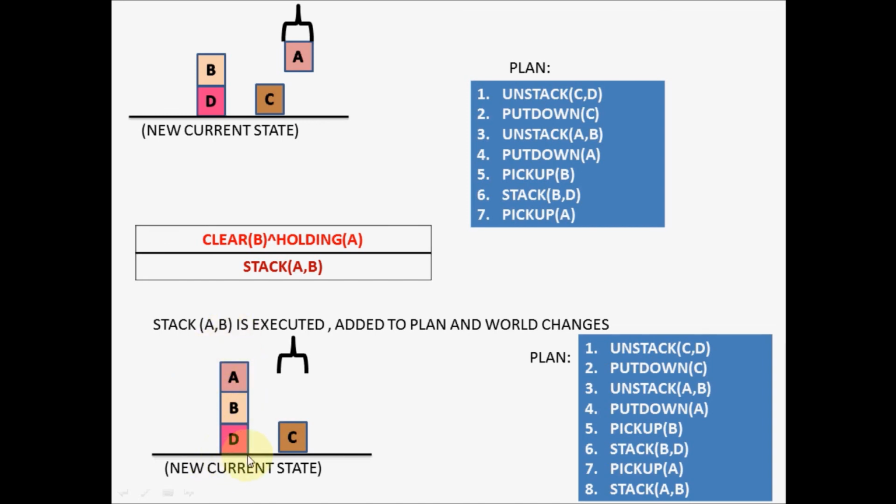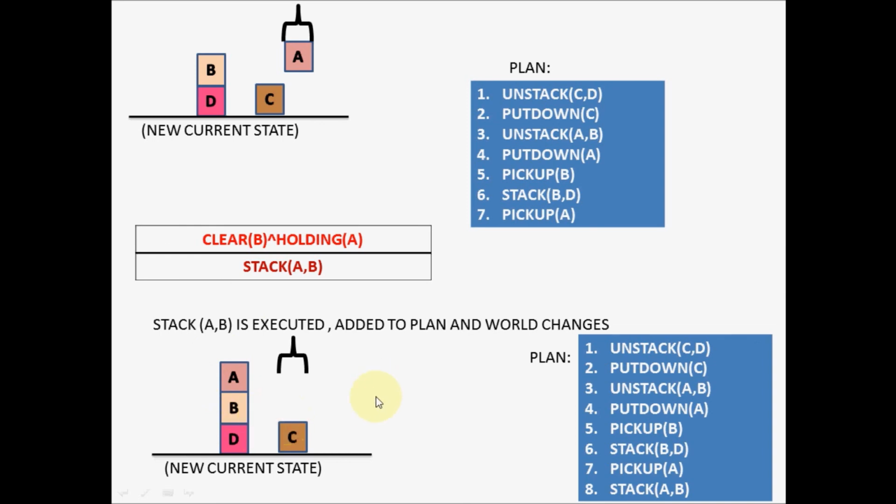That means initially the difference between the initial state and goal state was much. And goal stack planning has linearly started solving the problem, reducing the difference between current state and goal state slowly, and here it has converged, and finally goal state and current state have become the same. That means I have reached the solution.